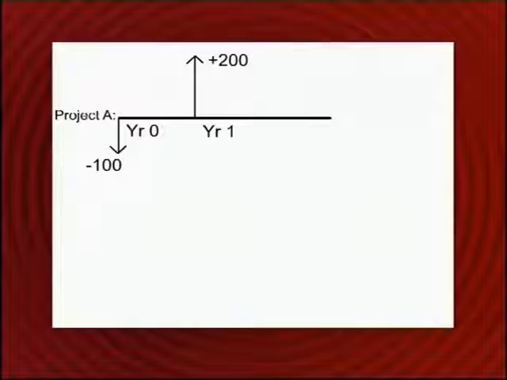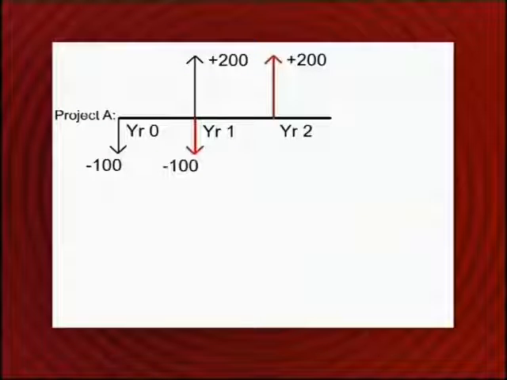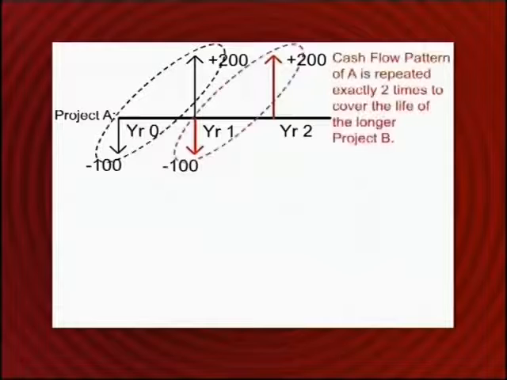So you would have a downward pointing arrow in year 2 representing the 100 rupees of cash outflow, and then again you would show an upward pointing arrow to represent the cash inflow of 200 rupees taking place at the end of year 2. You can simplify this diagram because you have 2 arrows at one point in time, which is year 1.